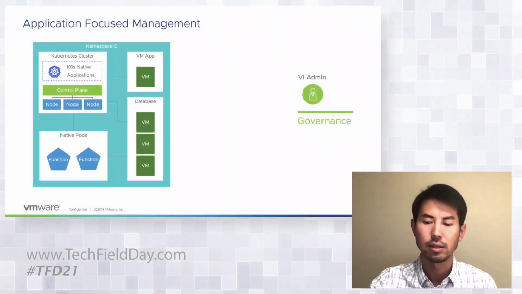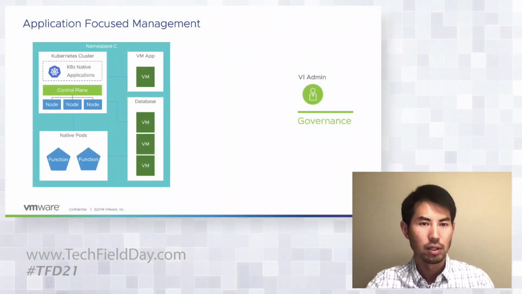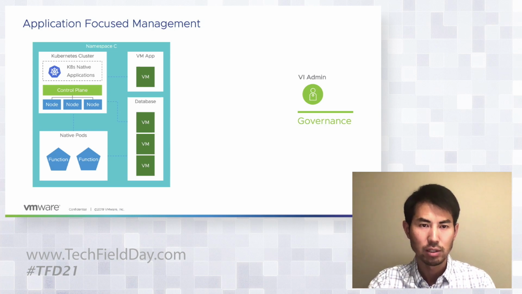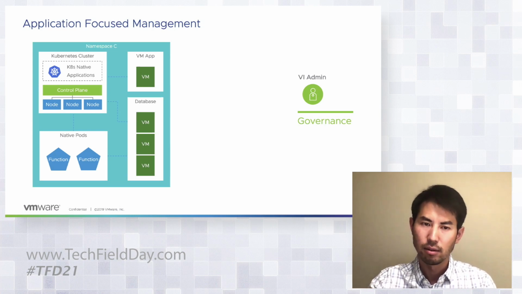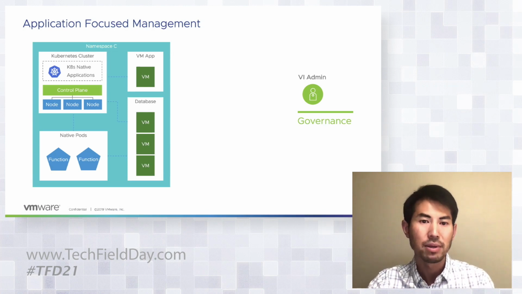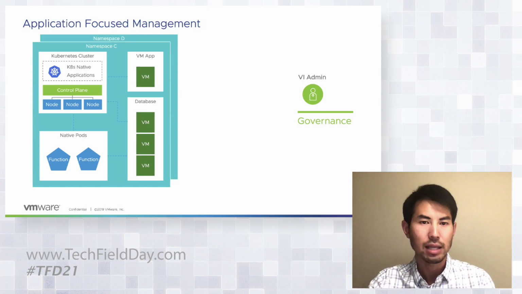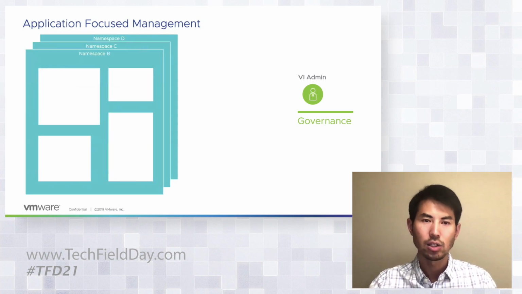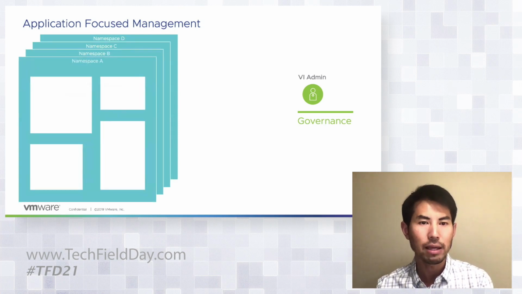Absolutely. Another part of this: the reason we're embedding Kubernetes here is we found the namespace object in Kubernetes is a great thing that we can leverage to help VI admins manage all of these workloads. If you put all of the components for one business application into one namespace, then from the VI admin's aspect, all of the policy that you used to set on a per VM basis, now you can set on the namespace.